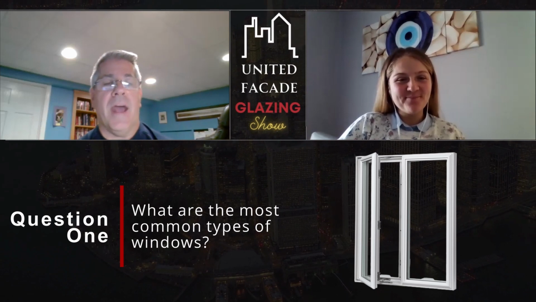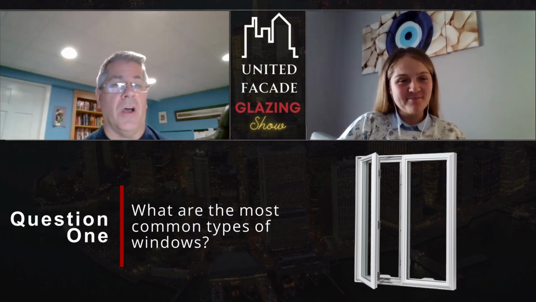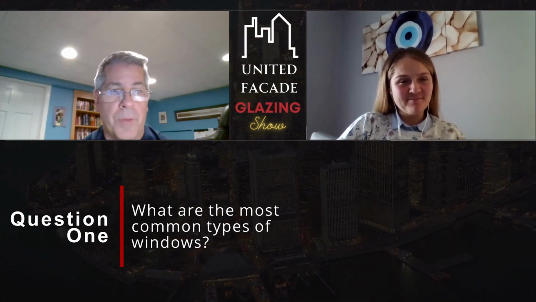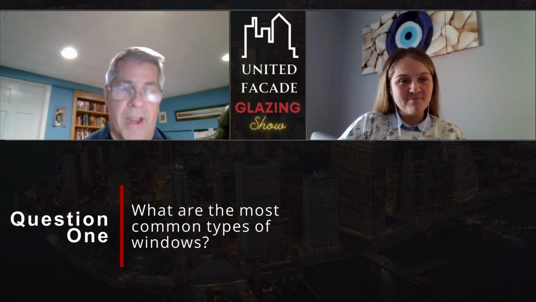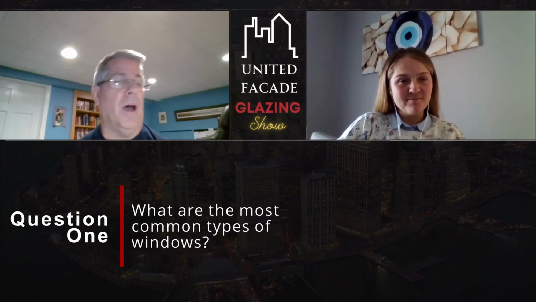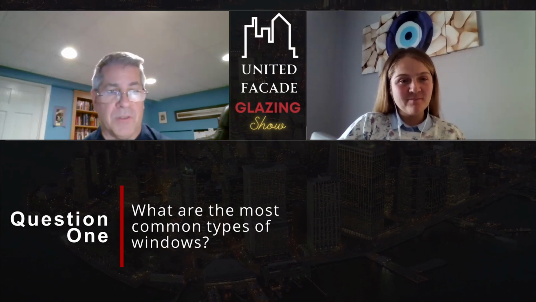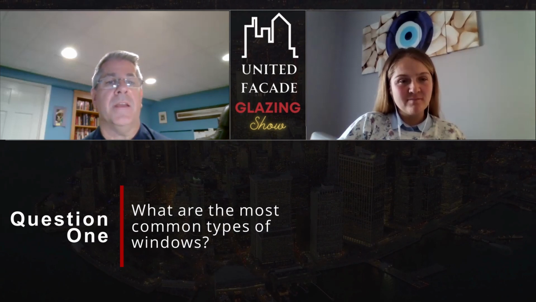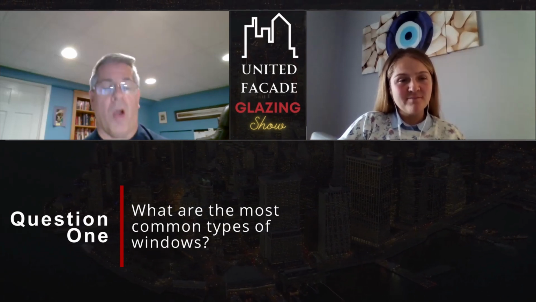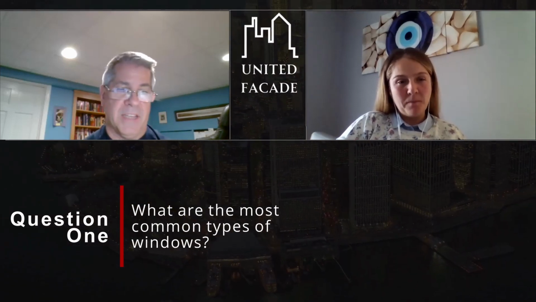A casement window can open either in toward the building or out away from the face of the building, into the clear area outside. There are pros and cons to both, but to me, that's the most common you would see in a business office or a high-rise building.